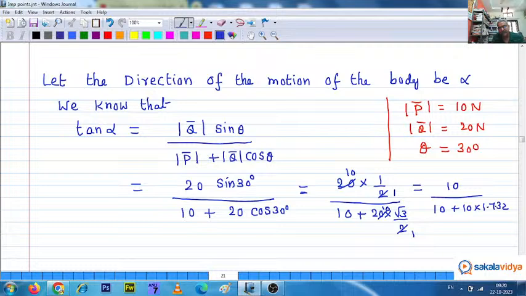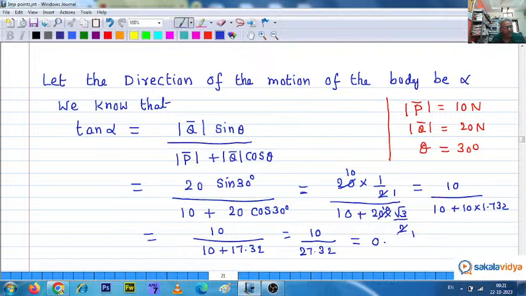So that equals 10 upon 10 plus, if you multiply 10 with 1.732, this can be written as 17.32. This is 10 divided by 27.32. So if you simplify, approximately you will be getting 0.366.